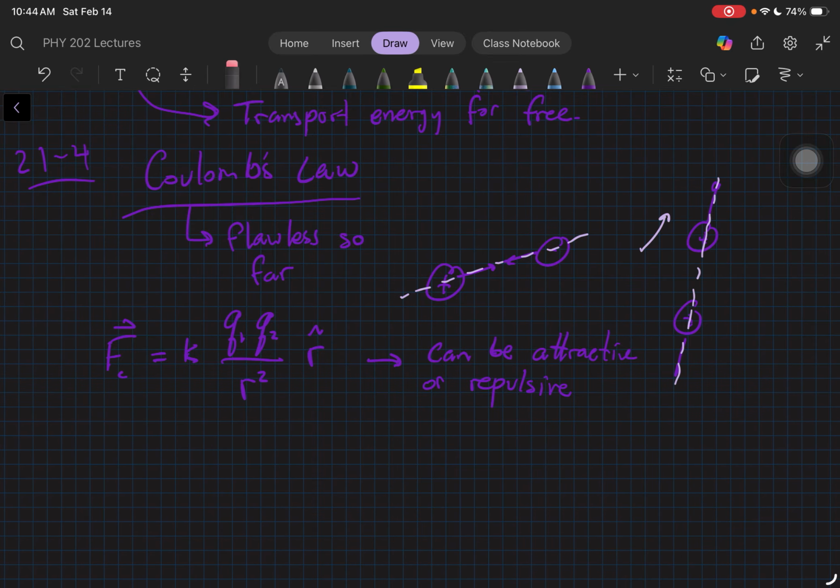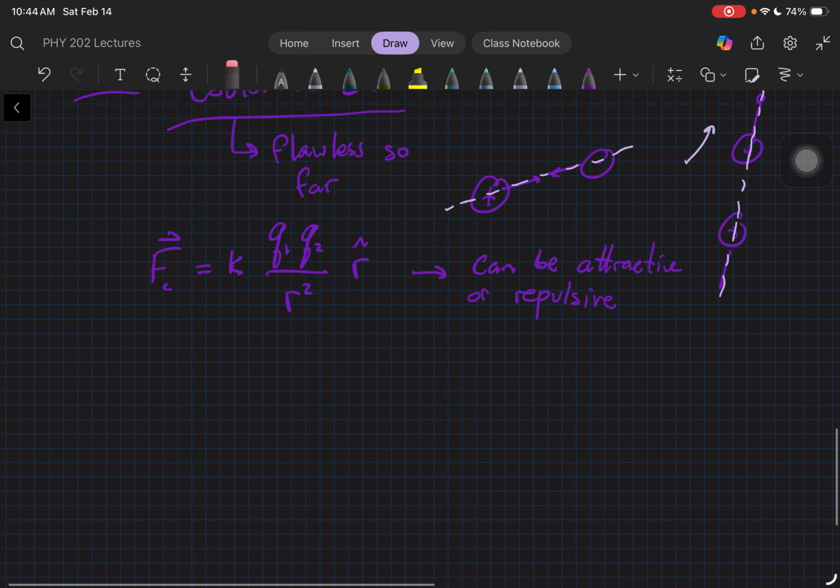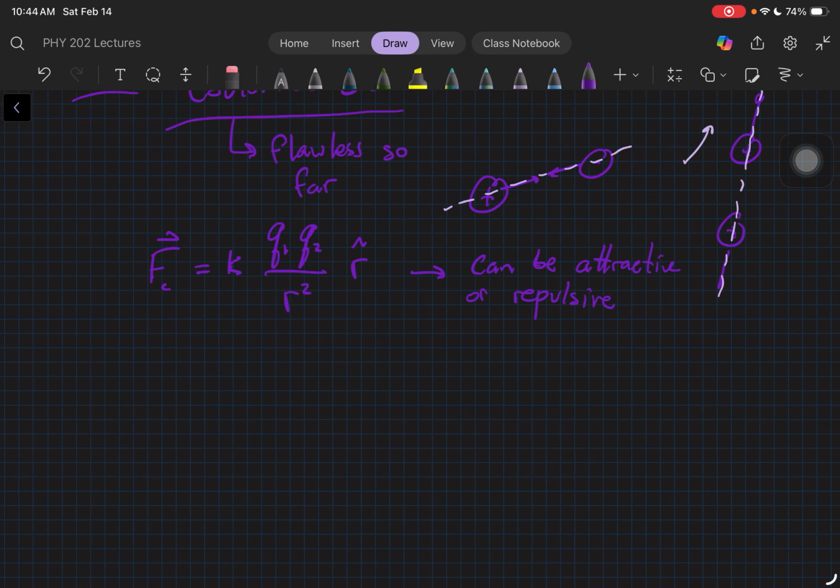And so this law here should look very familiar. This looks like Newton's law of gravitation, right?